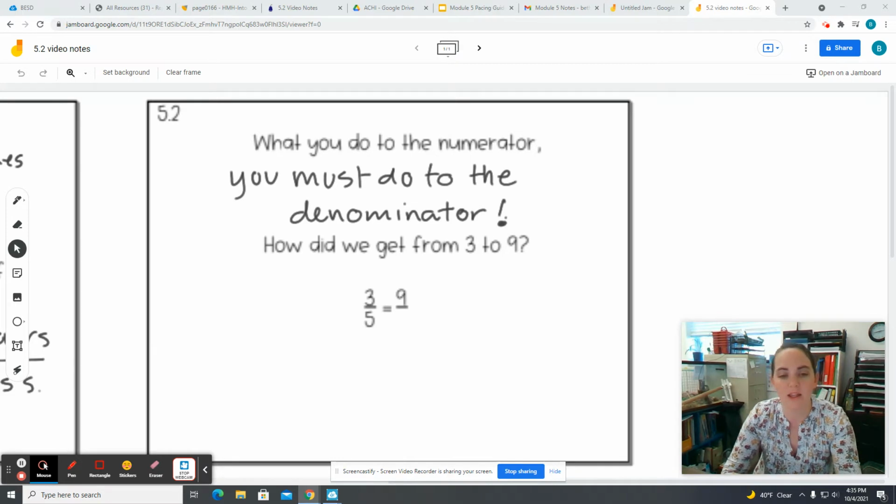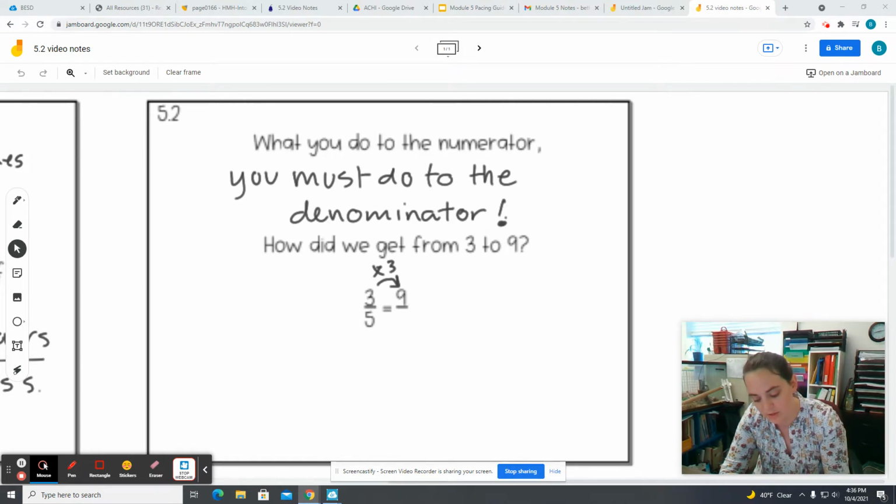So if we look at this problem right here, we have 3/5 equals 9 over blank. So how did we get from the 3 to the 9? Well, we multiplied that 3 times 3, right? And what we do to the numerator, we have to do to the denominator to find an equivalent fraction.